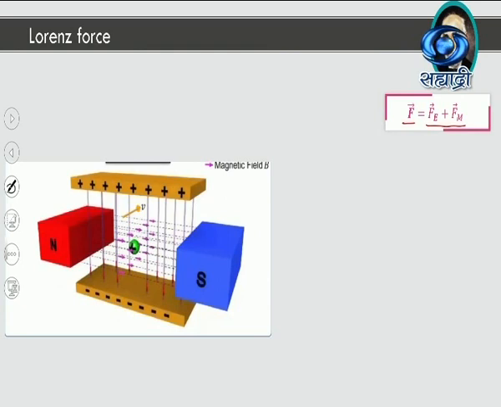So, if I have a charge q moving with velocity v in an external uniform electric field E and magnetic field B, if I want to have only the electrostatic force Fe, then we know that it should be equal to qE. Remember, Fe is a vector quantity, so I will give them an arrow. So this is electrostatic force.